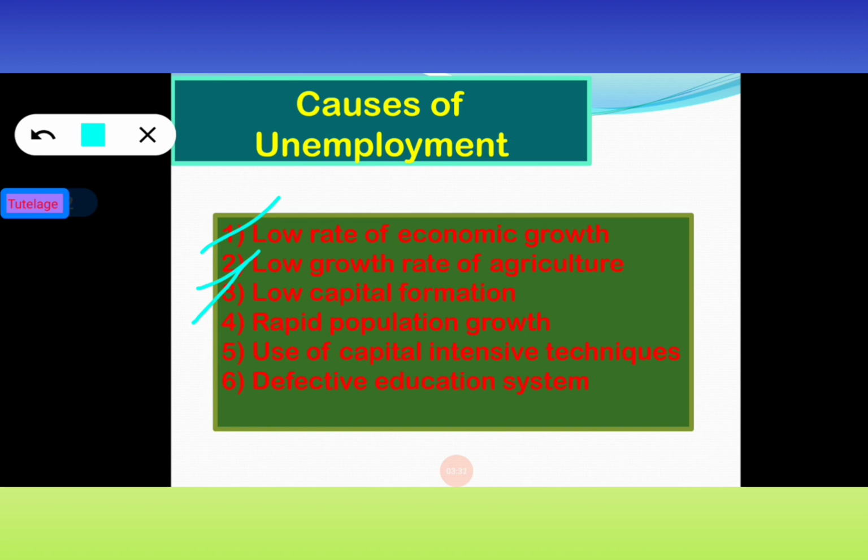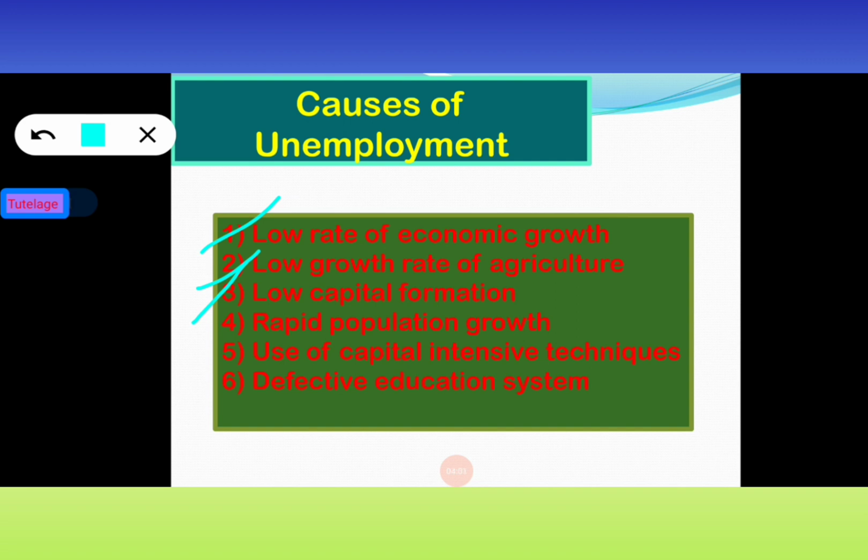Another factor responsible for unemployment in the country is low capital formation, and it has hindered the growth potentialities in the agricultural and the industrial sectors both. Growth of the agricultural and industrial sectors has been hampered by non availability of machines, power, transport, and essential raw materials, most importantly.